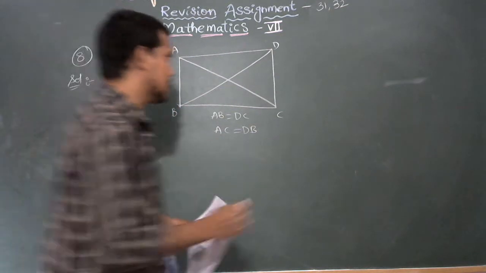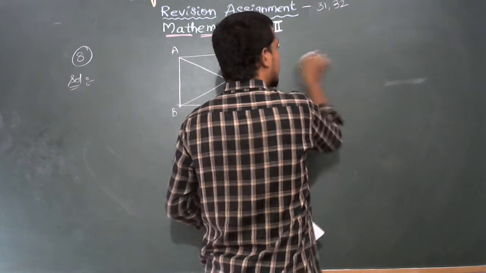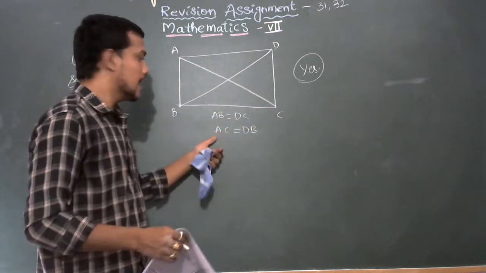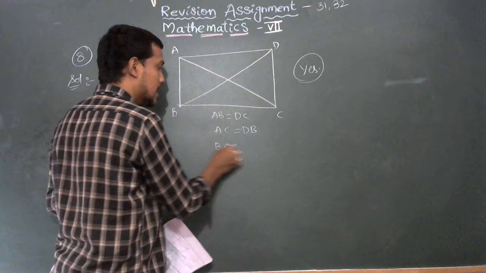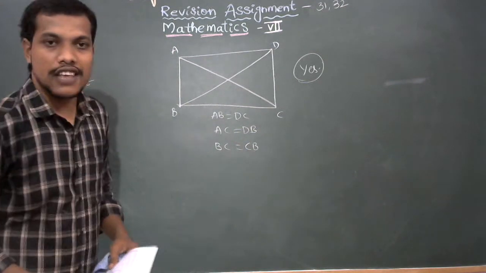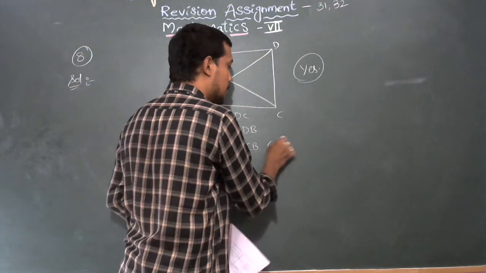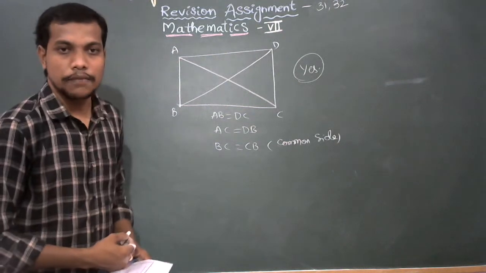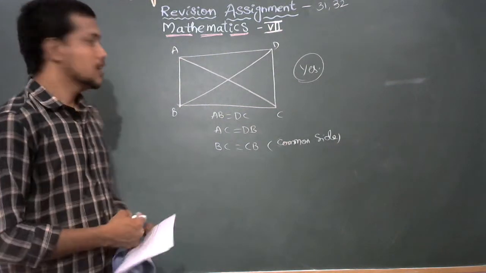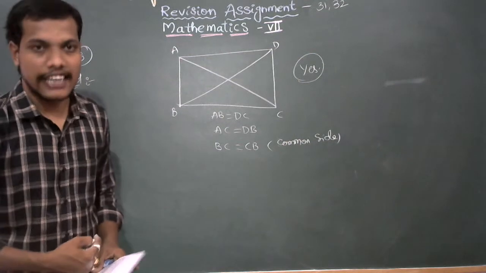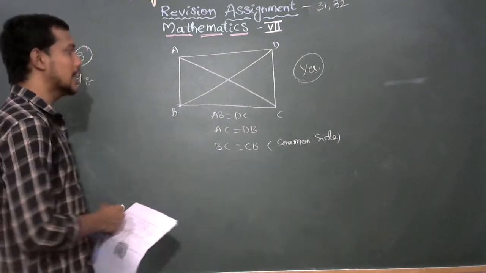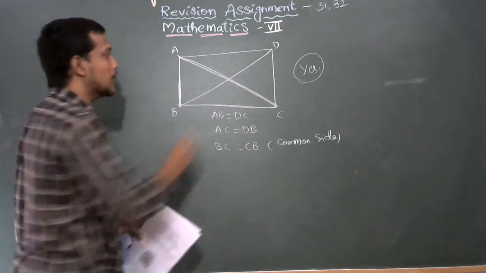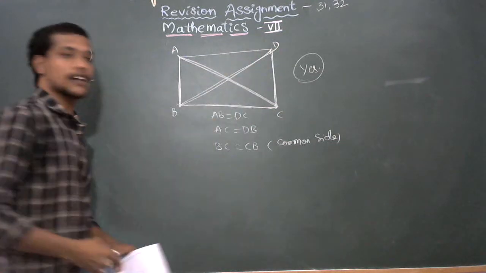Yes, it is a correct figure. Why? AB equal to DC, AC equal to DB, and BC equal to CB. Why is it equal? It is a common side. According to the side congruency criterion, triangle ABC is congruent to triangle DCB.